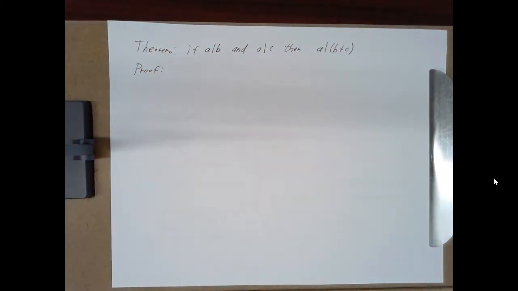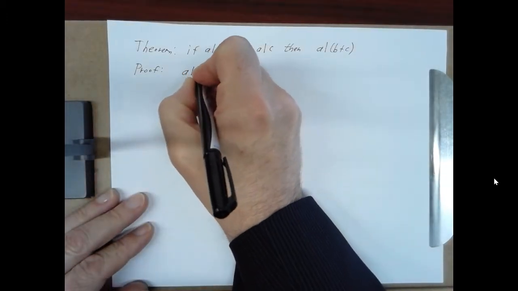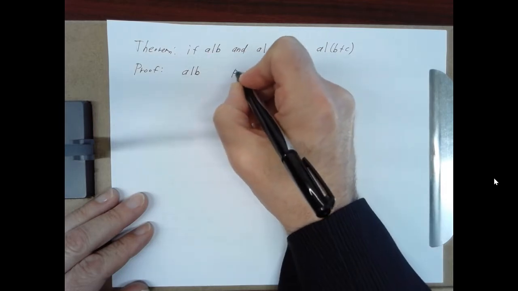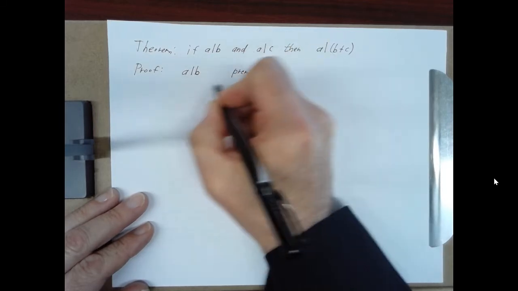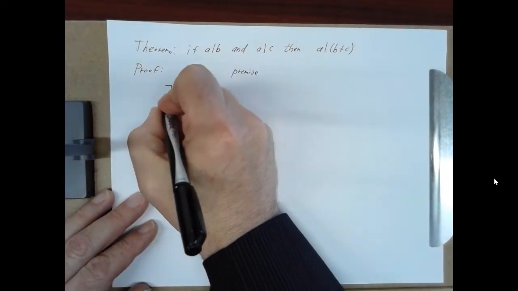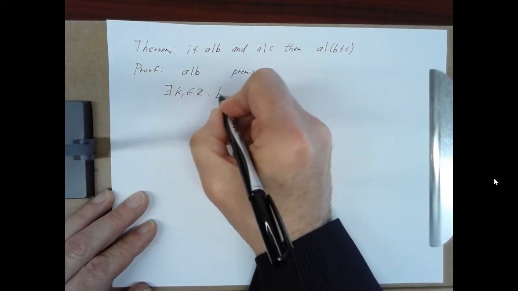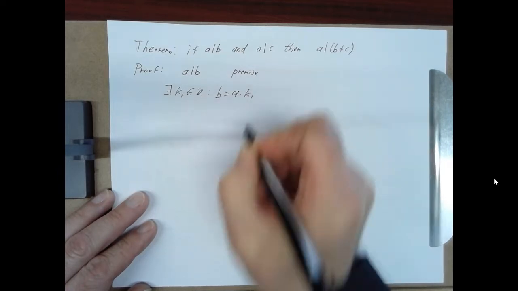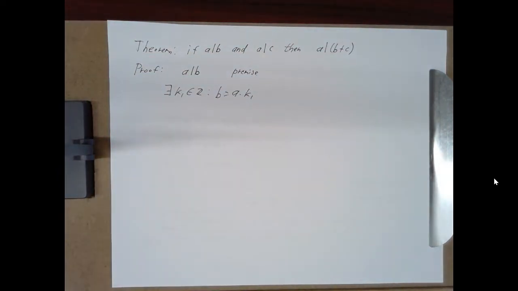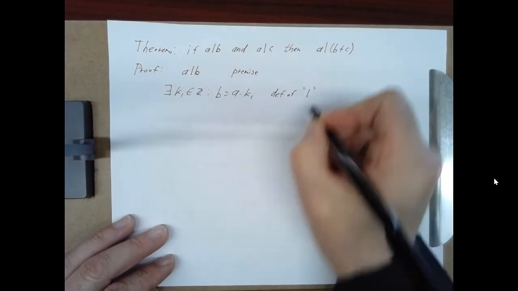There's not a whole lot to do. We only know one thing, which is the definition of A divides B or A divides C. So A divides B is a premise. And the definition of A divides B means there exists some integer, I'll call it K1, such that B equals A times K1. So B is a multiple of A. That's the definition of this divide symbol.